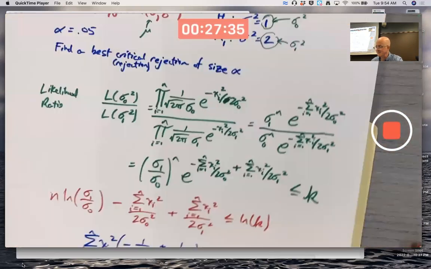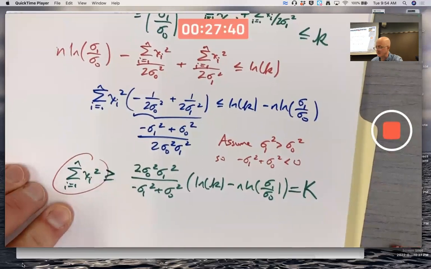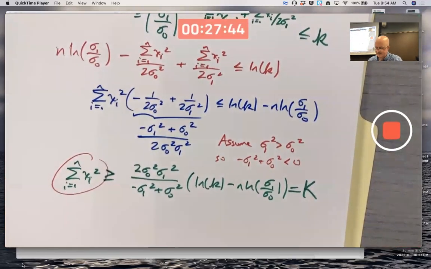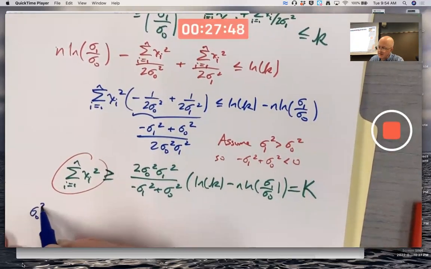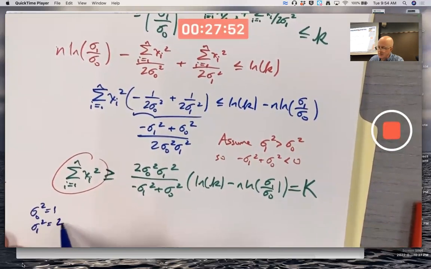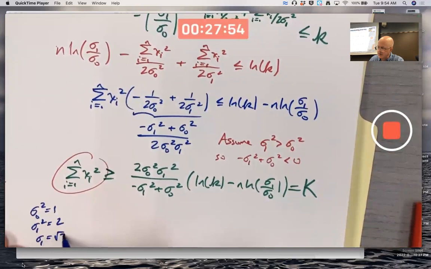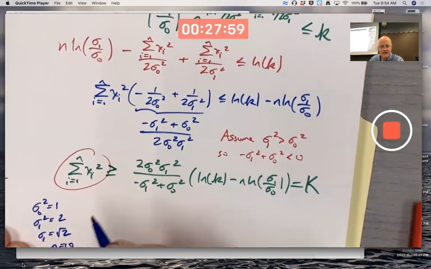Plug those numbers in. We could actually figure out what capital K is, in terms of little k at least. Sigma 0 squared is 1, sigma 1 squared is 2, sigma 1 itself is square root of 2, n is 10.